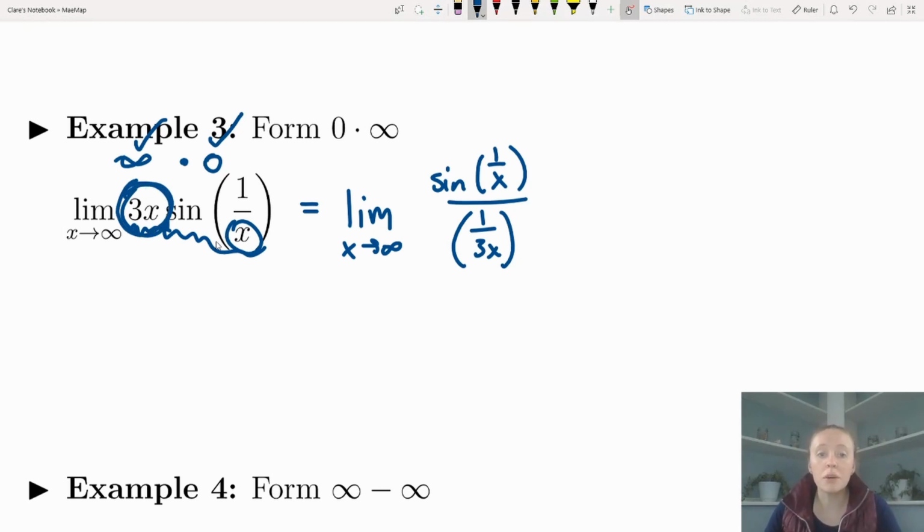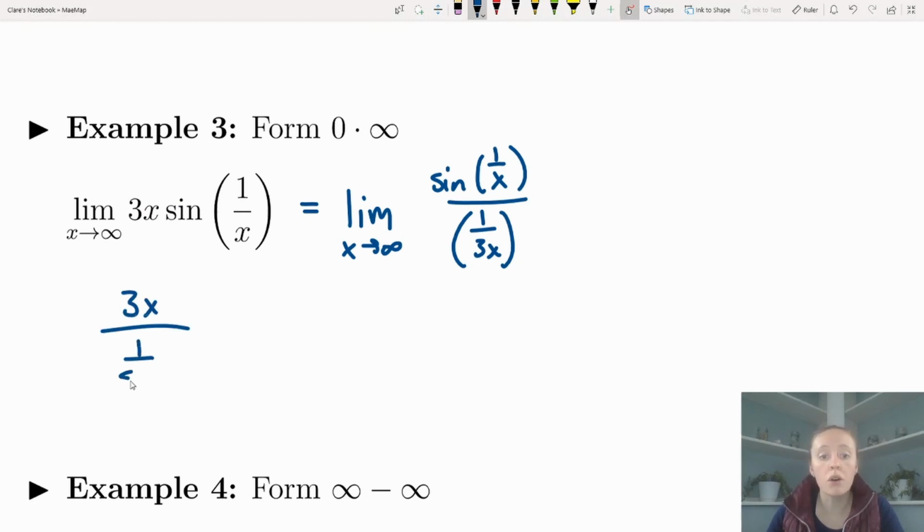Now, if I wanted to, I could have moved the sine of 1 over x all the way down into the denominator by doing 3x over 1 over the sine of 1 over x. That's also okay. When I do it this way, however, I'm going to get something a little bit different.